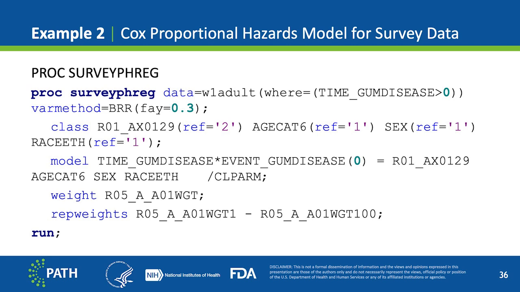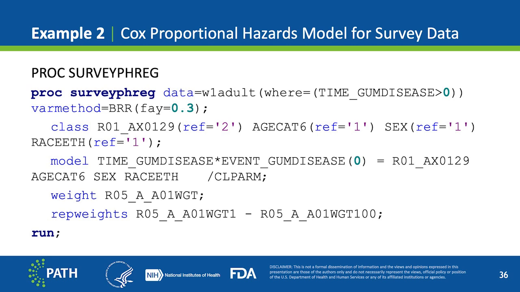We only look at the people who have non-missing values on the time to event variable. Any adults who didn't follow the pattern we used to define the censoring event will be excluded. And the variance estimation method is BRR with a Fay factor of 0.3 as used in the past study.